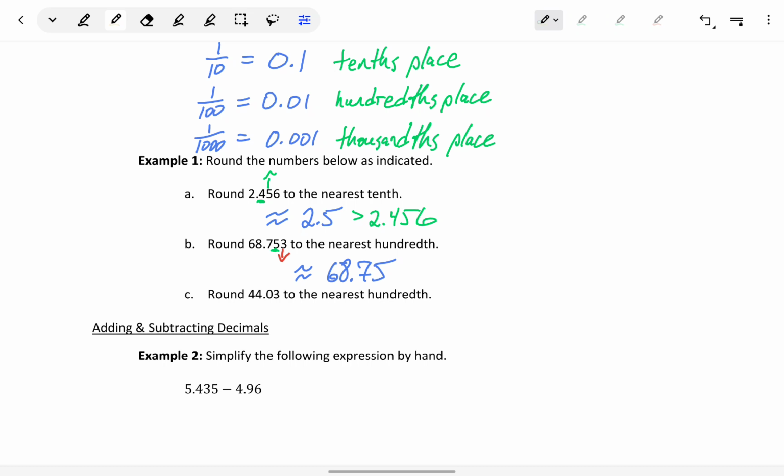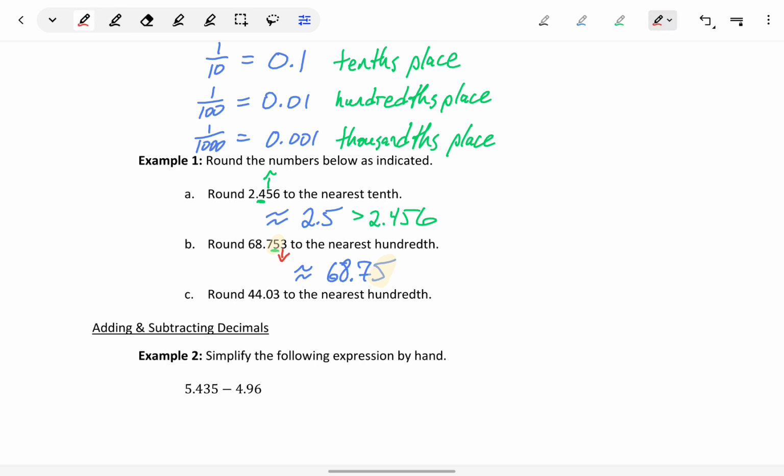What's important to note here is that in rounding down, this digit 5 didn't change. Meaning we didn't turn that number into a 4, that number doesn't get smaller. In rounding down, what we do is just cut off all of the remaining values after that place.